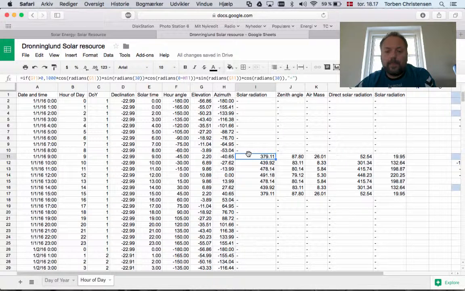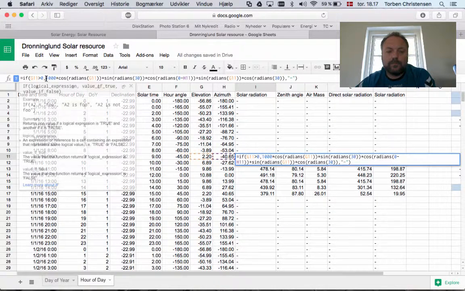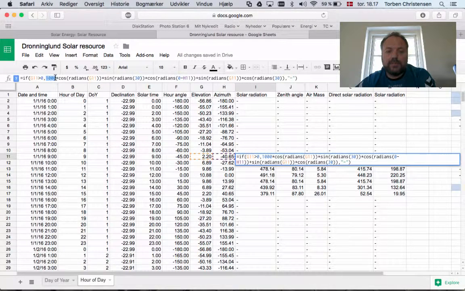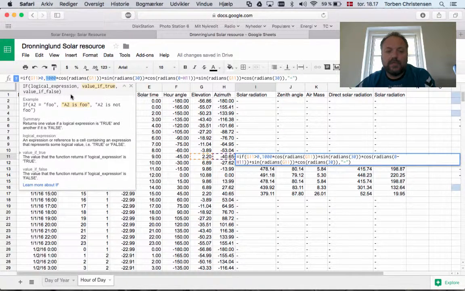So this will then give me these numbers for solar radiation. Here I've just used 1000 watts as the incident radiation as described in the assignment.